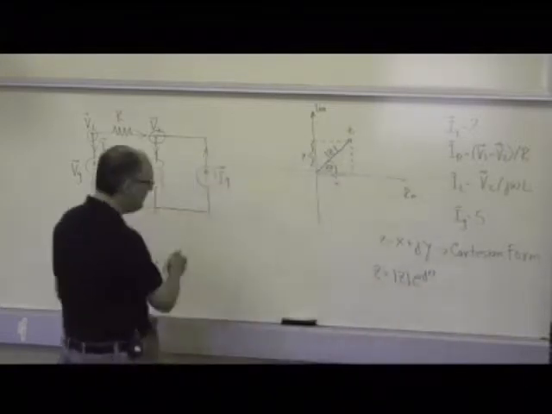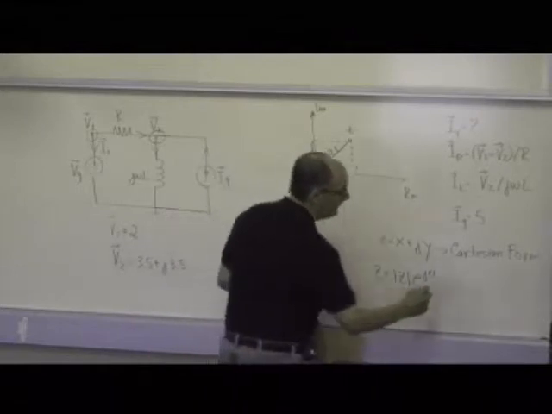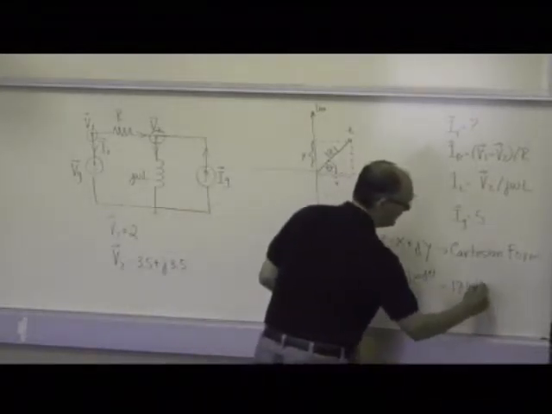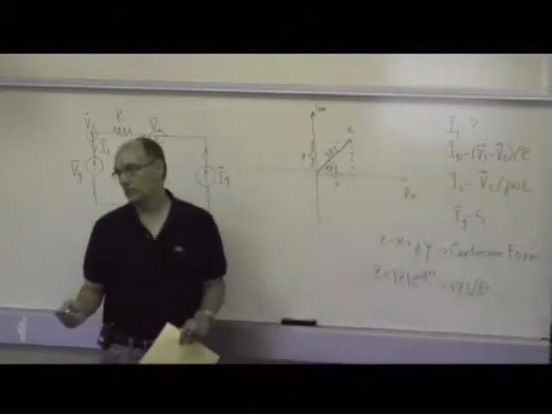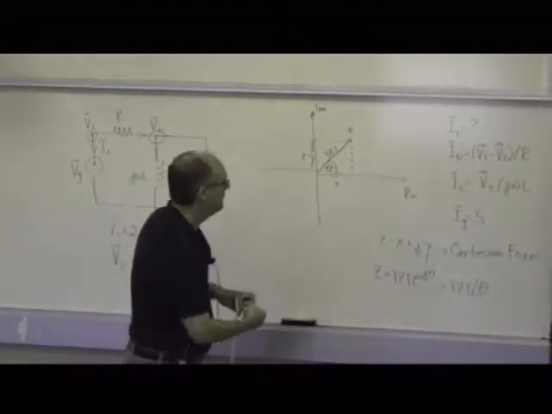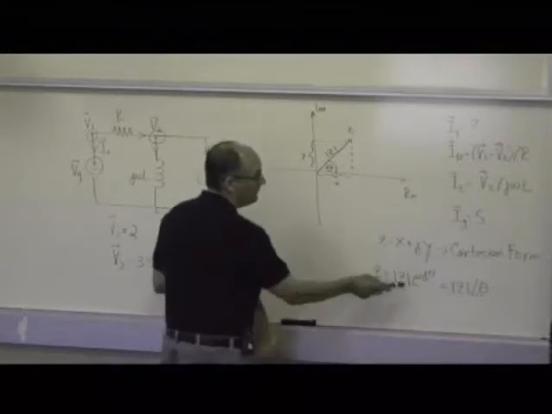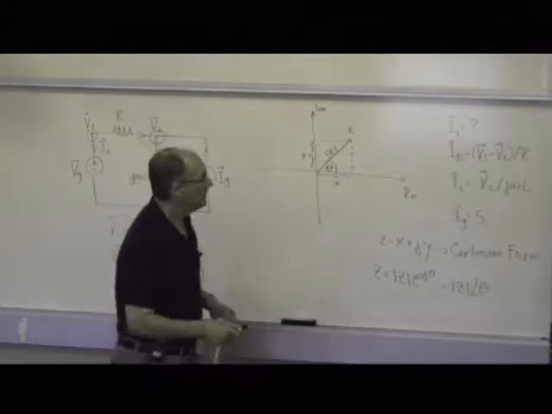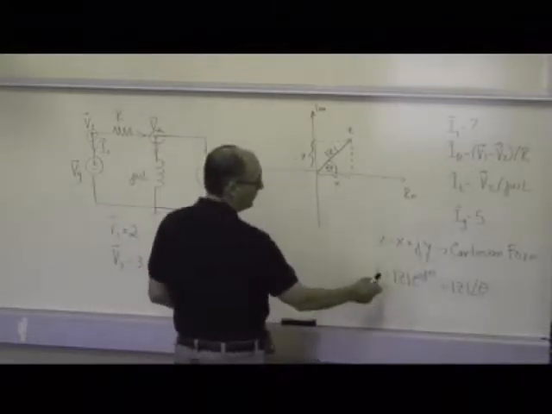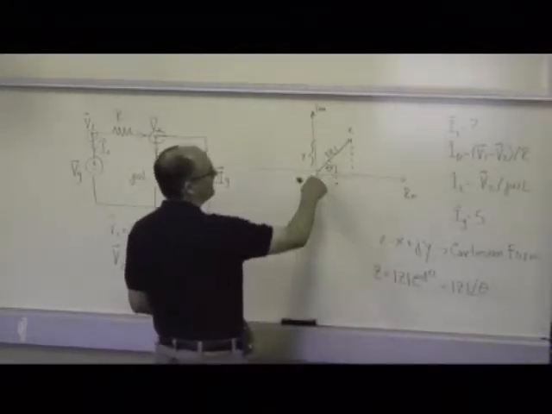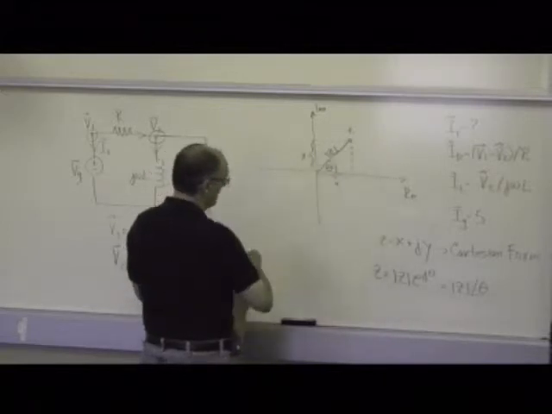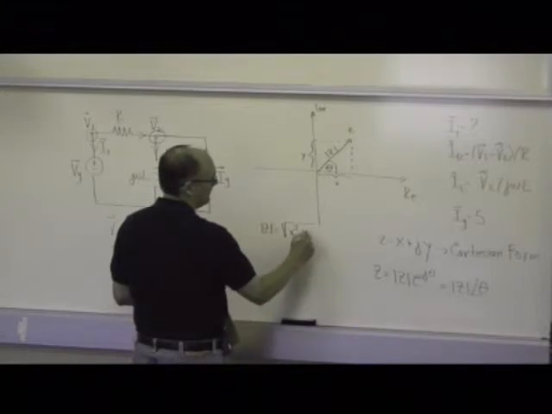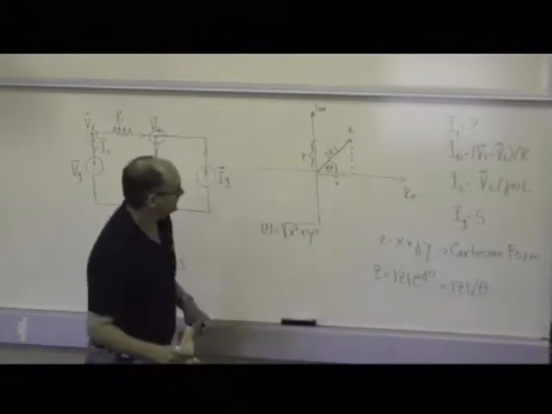What I've been doing here is a shorthand where instead of saying e to the j theta, we just label it this way. But that's what it's supposed to be. So converting from here to here is really a matter of simple trigonometry. If you have a Cartesian form and you're looking for magnitude z, you've got a right triangle here, so magnitude z would be square root of x squared plus y squared.